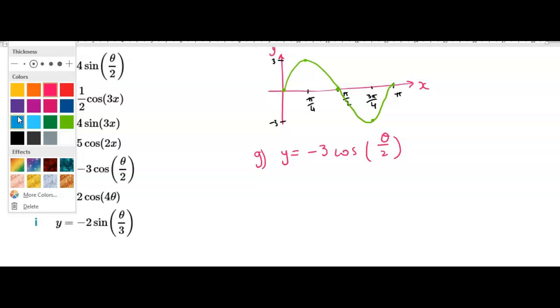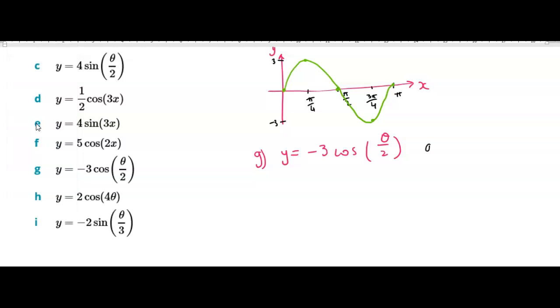Okay, so your amplitude is 3. The negative is important, so we'll talk about that in a second. Your value of n is 1/2, so the period is equal to 2 pi on n. So 2 pi divided by 1/2, so times 2 is going to be 4 pi.